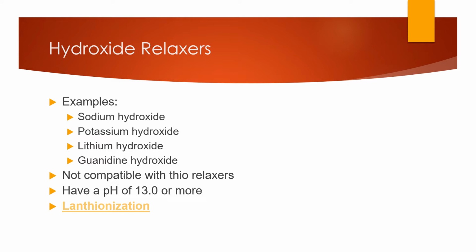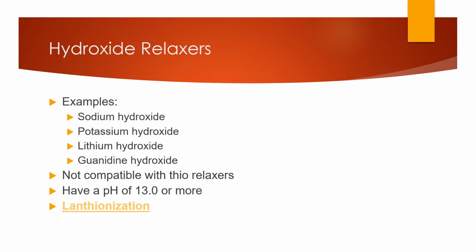Hydroxide relaxers break disulfide bonds differently than in the reduction reaction of thio relaxers. In lanthionization, the relaxers remove a sulfur atom from a disulfide bond and convert it into a lanthionine bond. A disulfide bond consists of two bonded sulfur atoms.